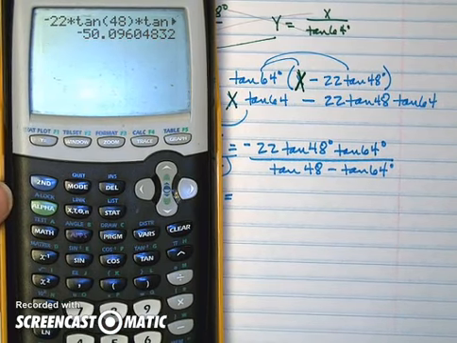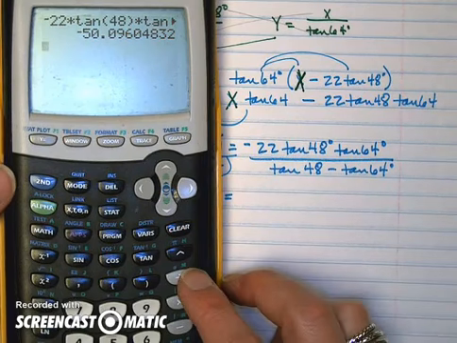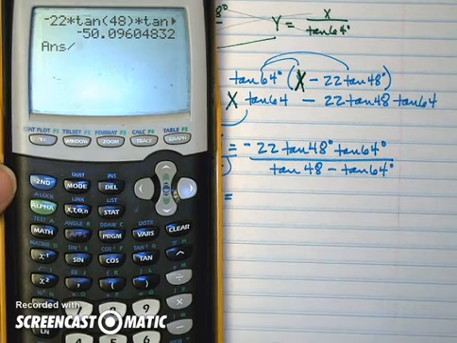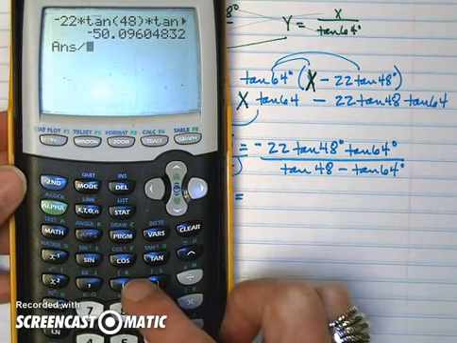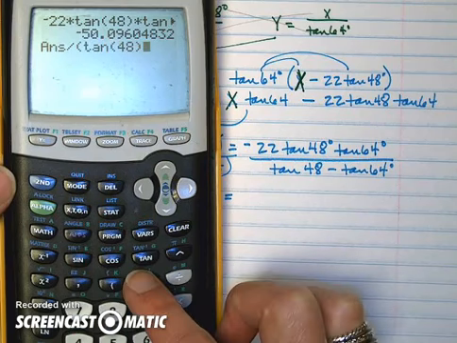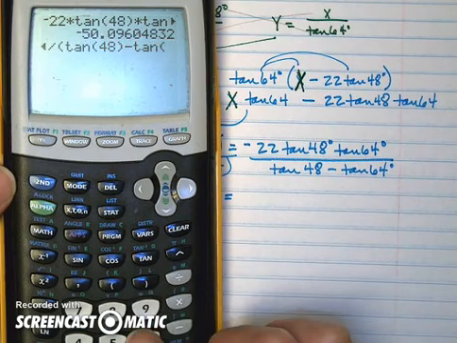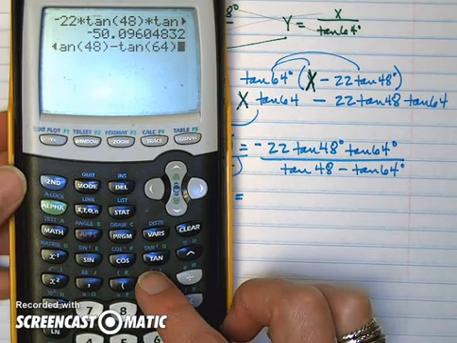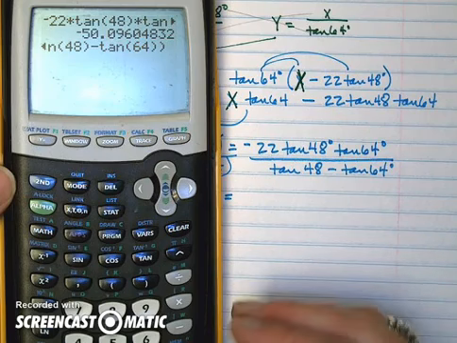Now I'm going to take that answer and divide it by this difference, but I need to put that in parentheses. So I have the tangent of 48 minus the tangent of 64, and I need to close that parenthesis, remember, because I'm dividing by that whole value.